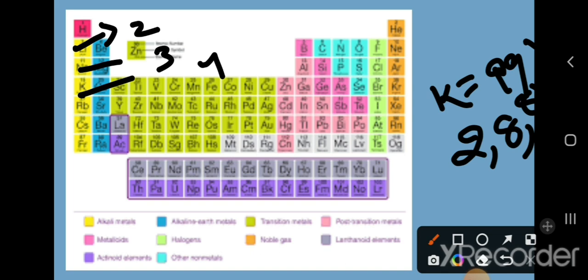And due to that, if the number of shells increases, then what will happen? Suppose the nucleus is here, and the electrons are present around it.